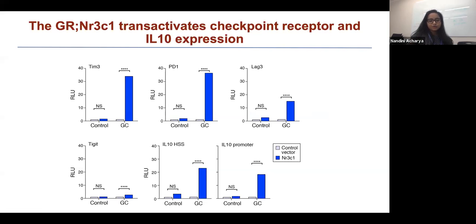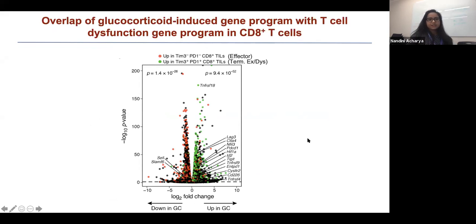So this was very interesting, and we came to the next hypothesis that perhaps the glucocorticoid receptor is not just controlling the expression of checkpoint receptors and IL-10, but may be controlling the expression of the entire gene module associated with T cell dysfunction. To test that hypothesis, we again took in vitro CD8 T cells, treated them with glucocorticoid, and subjected them to RNA sequencing.